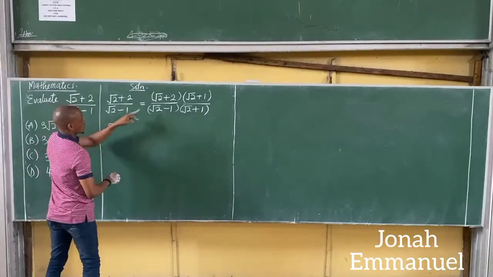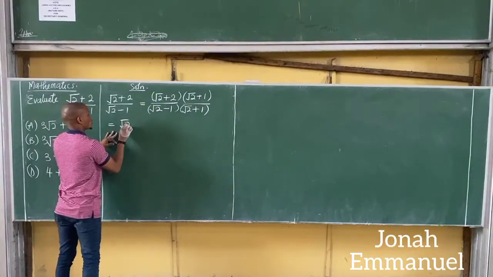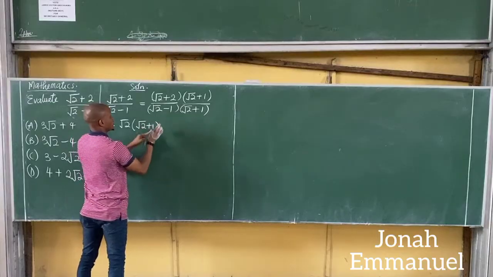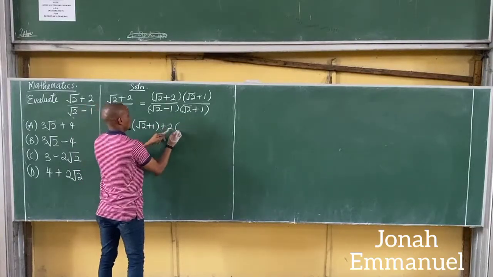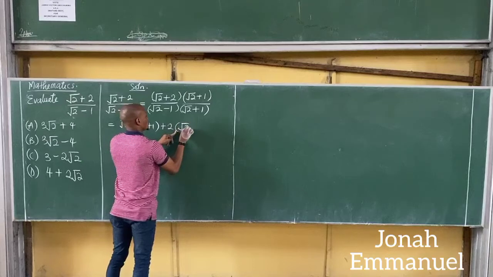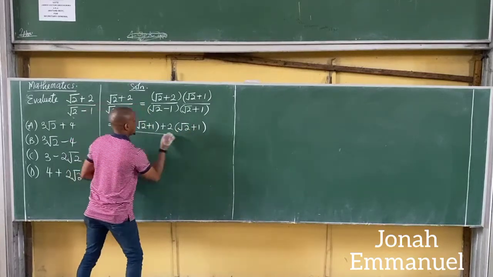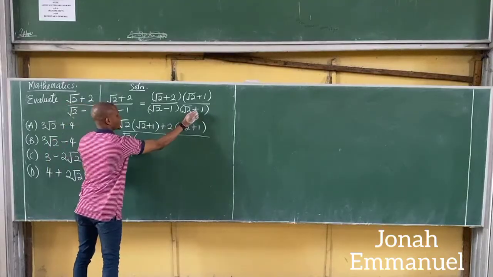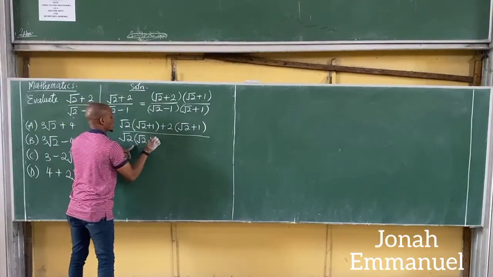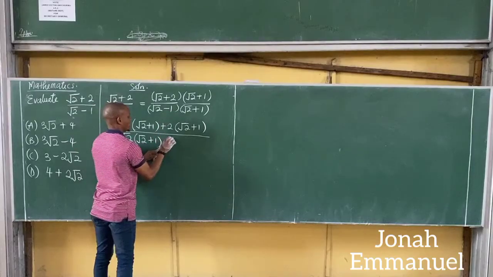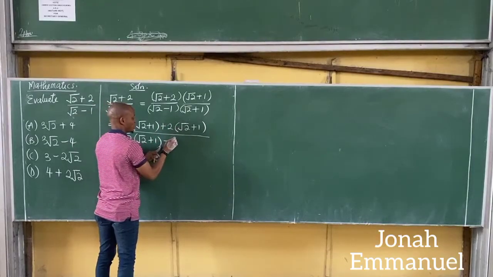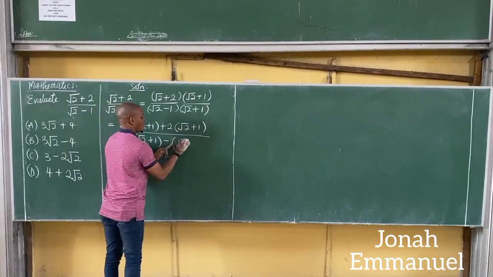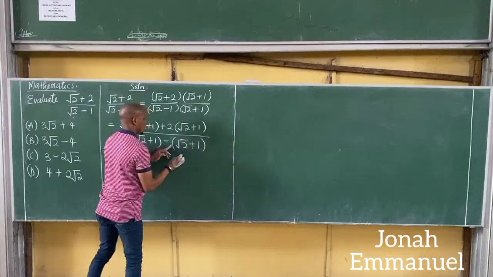This is now equal to: use the first term, root 2, multiply everything here, root 2 plus 1; second term, plus 2, multiply everything here, root 2 plus 1; all over first term here, root 2, multiply everything here, root 2 plus 1, minus 1, minus into everything here, root 2 plus 1.